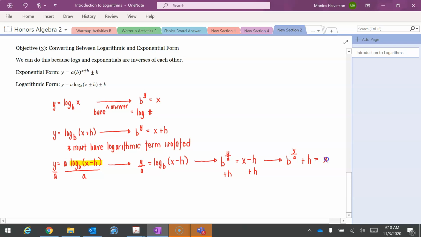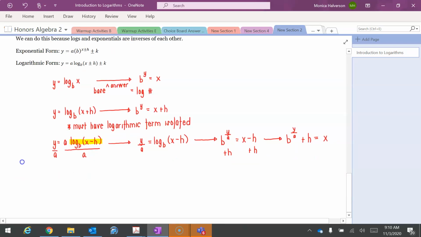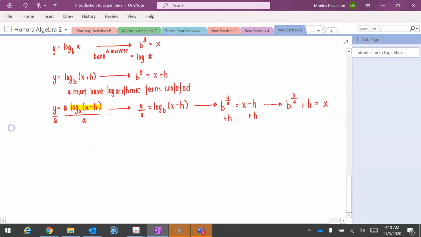Okay? So let's do this with actual examples. Okay? So let's convert into exponential form.